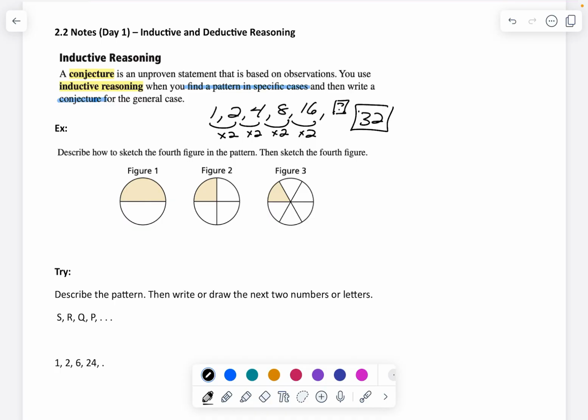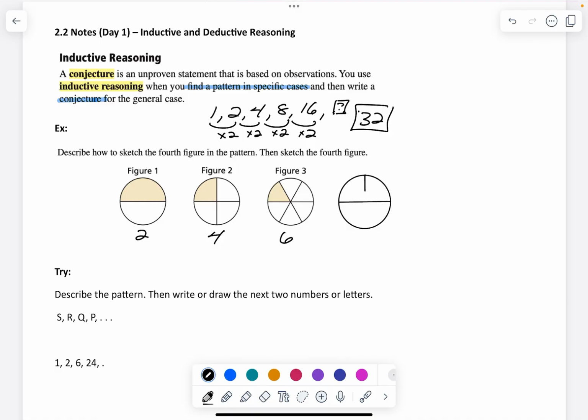So on here it says, describe how to sketch the fourth figure. Well, notice this is in 2 parts. This is in 4, or there's 2 lines. This has 3 lines, or in 6. If we draw the next one, I'm assuming we would draw 1.